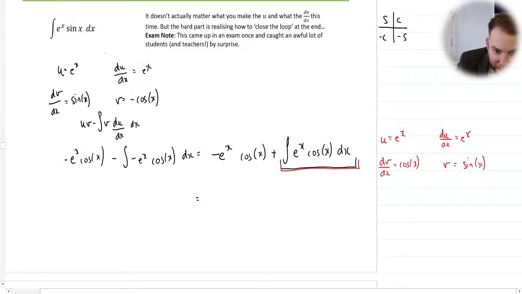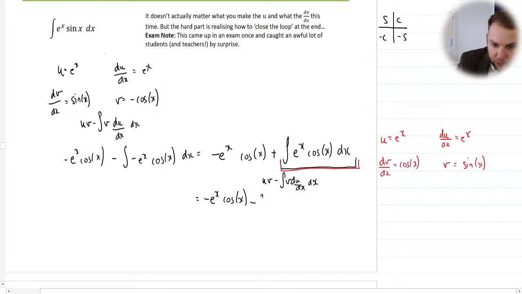I'm going to keep it all here. So I'm going to have, this is equal to minus e to the x cos of x, and it's going to be uv minus the integral of v du by dx with respect to x.